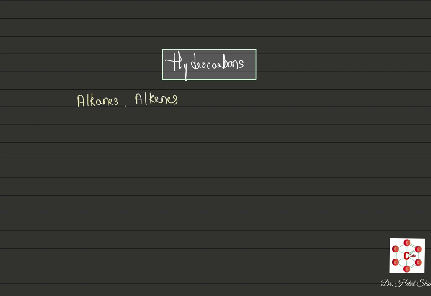In this chapter, in hydrocarbons, we shall take up alkanes, alkenes, and alkynes, and even some cycloalkanes and cycloalkenes, etc. And in aromatics, we would take up benzene. These are the four topics that we have to take up.